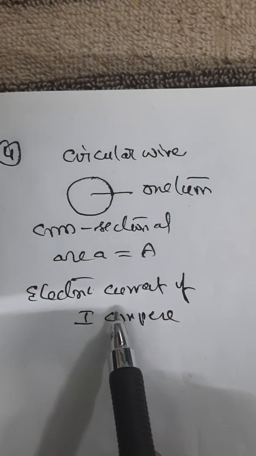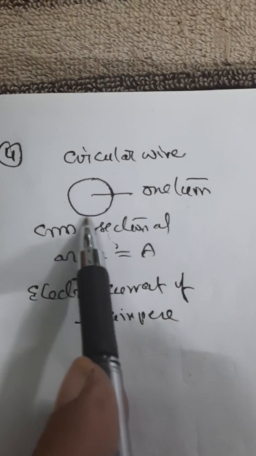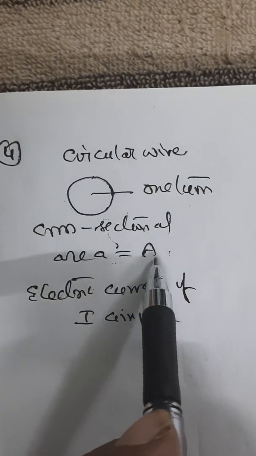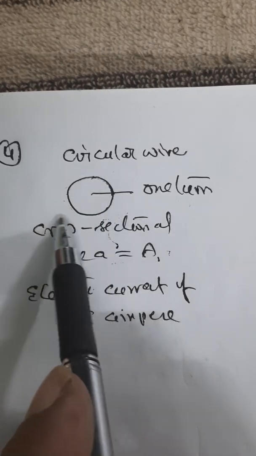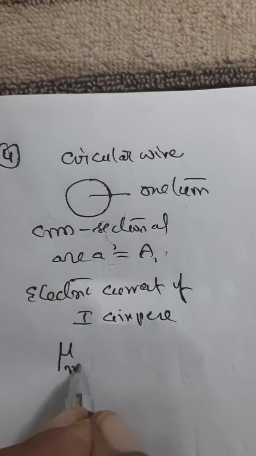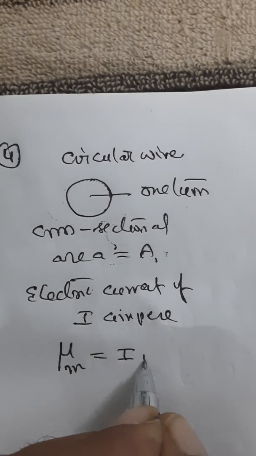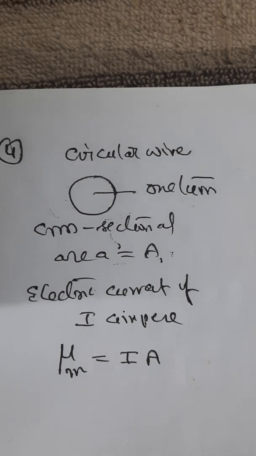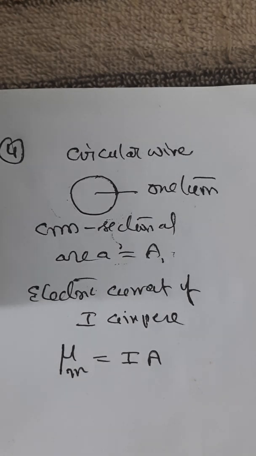I ampere current is flowing through a circular wire of one turn with a cross-sectional area A. Then a magnetic dipole is automatically created. In that case, its magnetic moment is nothing but the product of current and the cross-sectional area. This is what is to be remembered in the case of a circular wire.